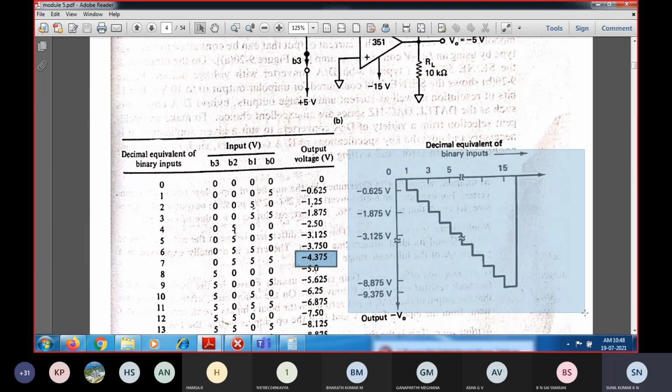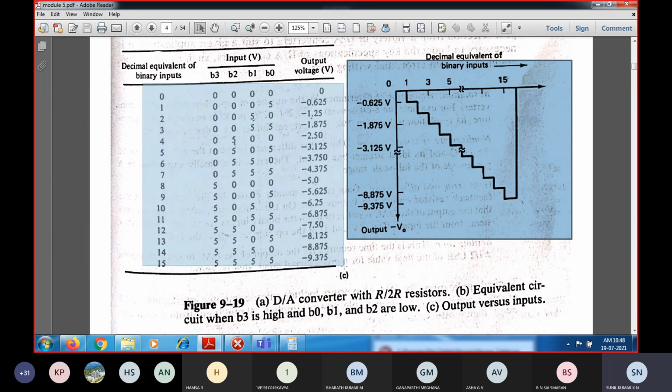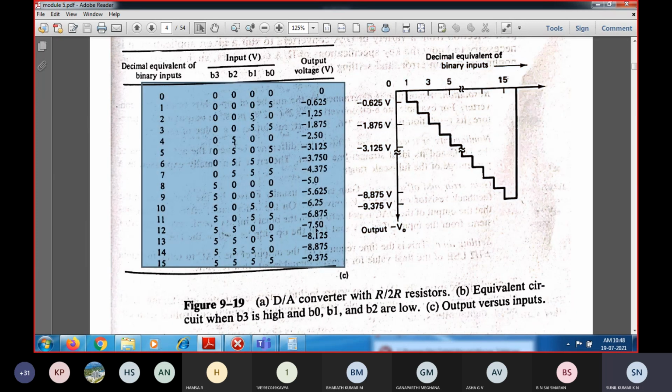This is the analog staircase waveform, inverted staircase waveform. The input configurations and corresponding output voltages are shown in the tabular column. They may ask you to find the corresponding output voltage and write down the expression for it. That is one important task that you should know.